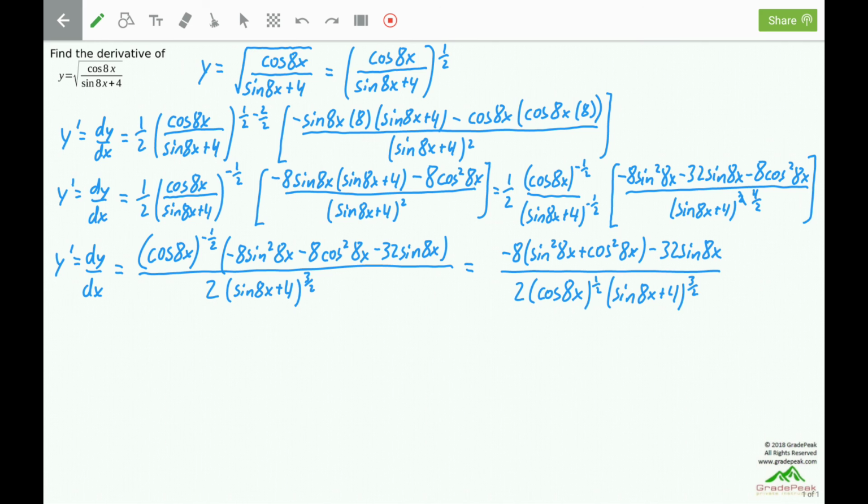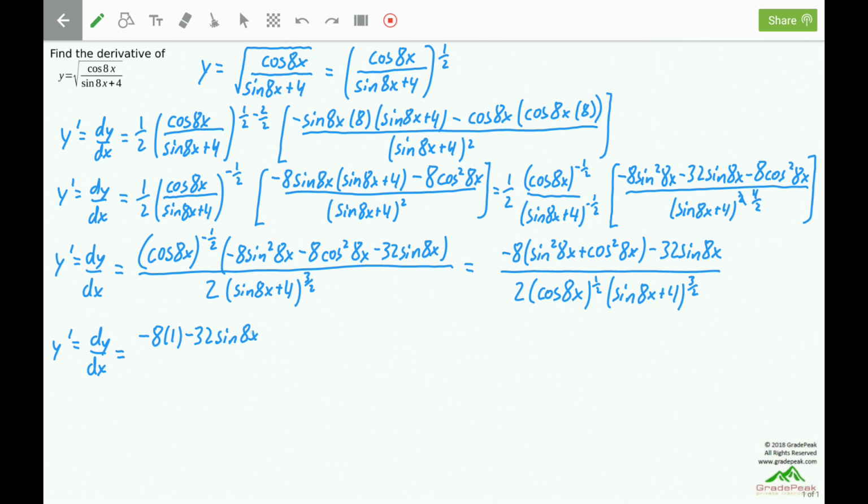But you can see we have sine squared plus cosine squared. As long as they have matching phases, this entire thing will be a 1. And we can now replace it with a 1.